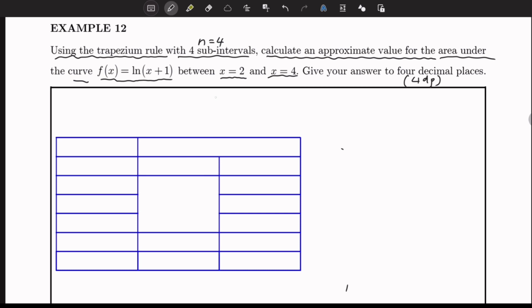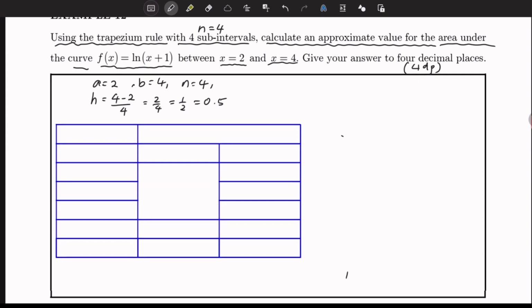Your a will be 2, your b 4, your n 4. So h will be 4 minus 2 divided by 4, so 2 over 4, so we have half, 0.5.